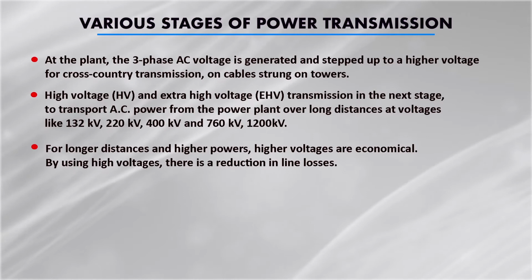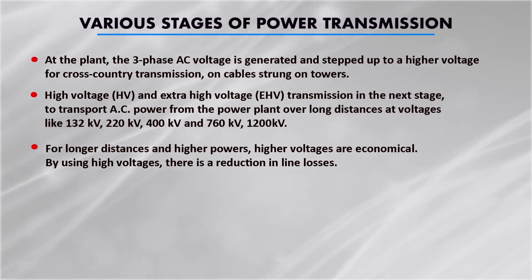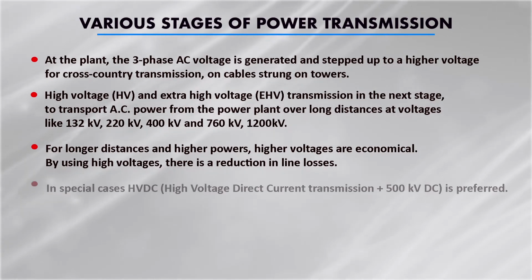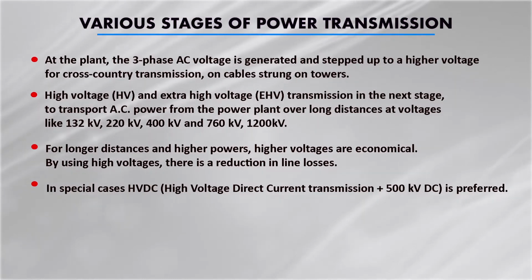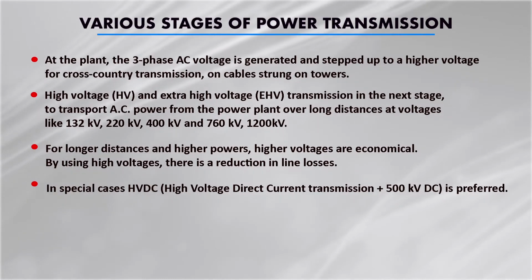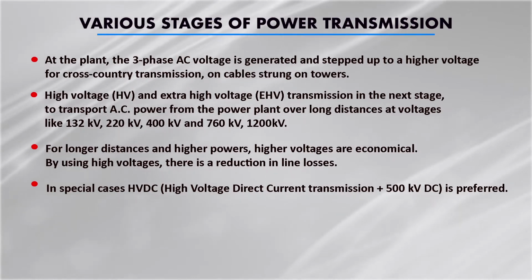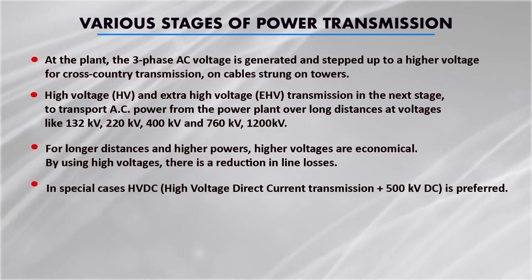By using high voltages there is a reduction in line losses. In special cases, high voltage direct current transmission, 500 kV DC, is also preferred, but in normal cases generally high voltage AC transmission is used.